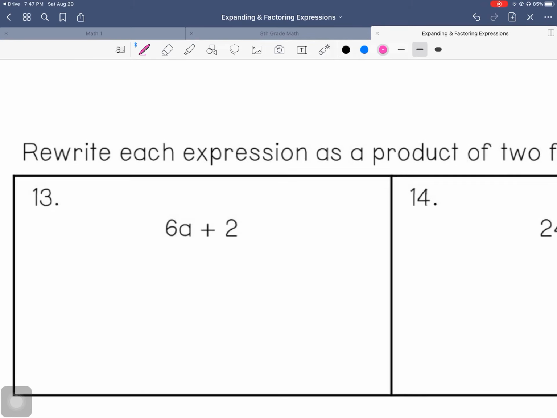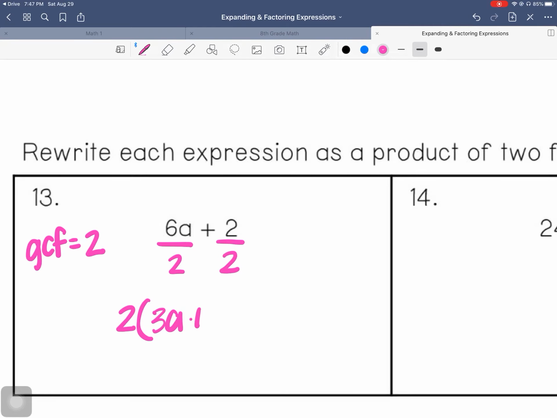All right, let's try these. We're going to rewrite each expression as a product of two factors. My greatest common factor here is 2. If I divide both of my terms by 2, I am left with 3a plus 1. My GCF is put out front.